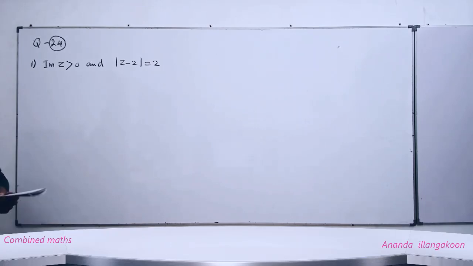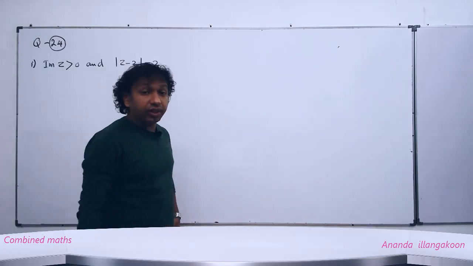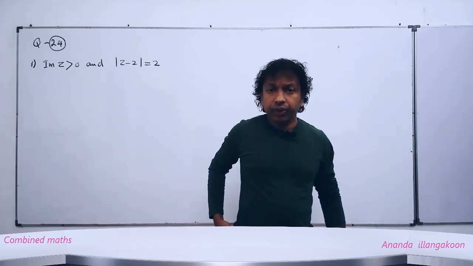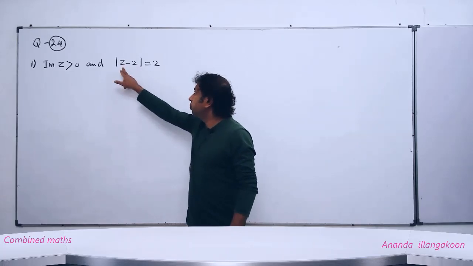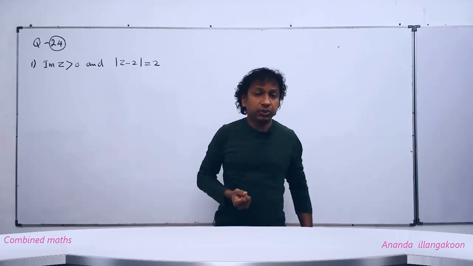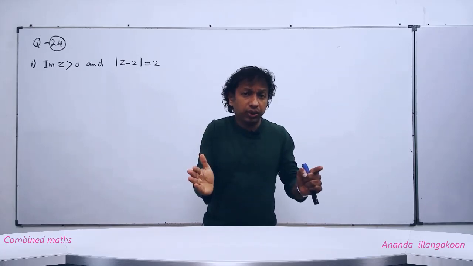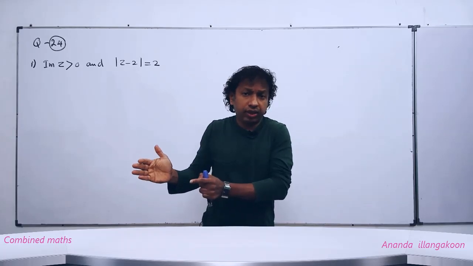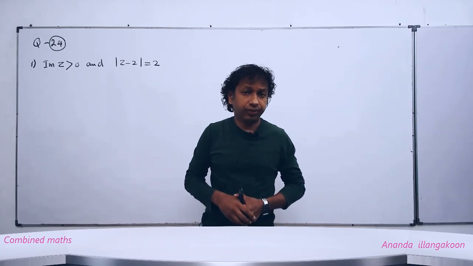Now, isn't this Z a variable complex number? Yes, it is a variable complex number. Satisfying this, mod z minus 2 equals 2, there are infinitely many complex numbers. Subtracting 2 from Z and taking the modulus should give 2.